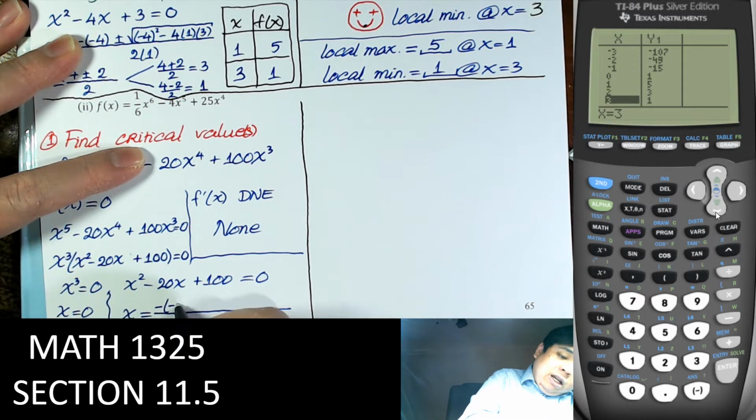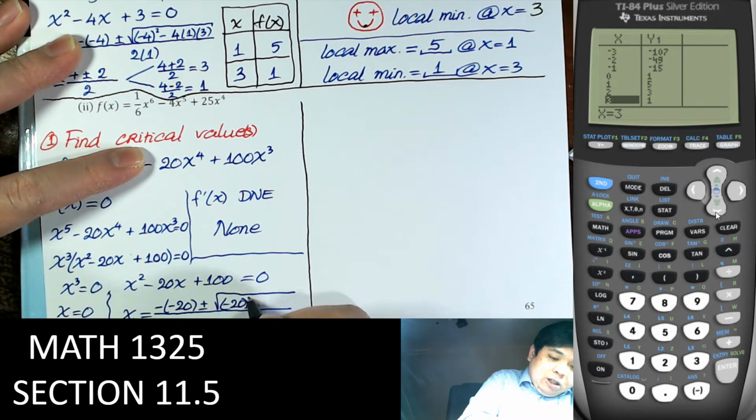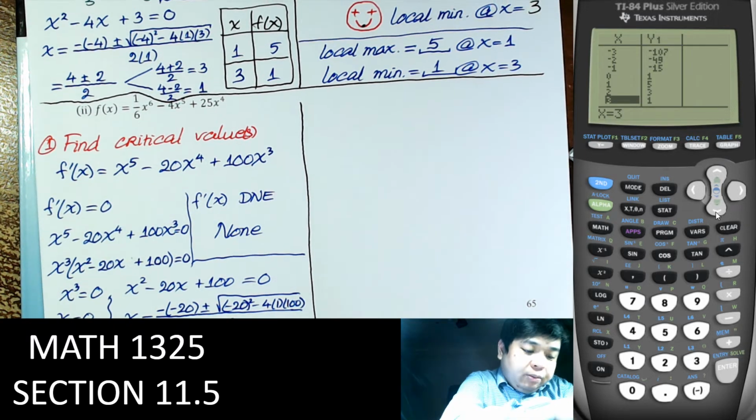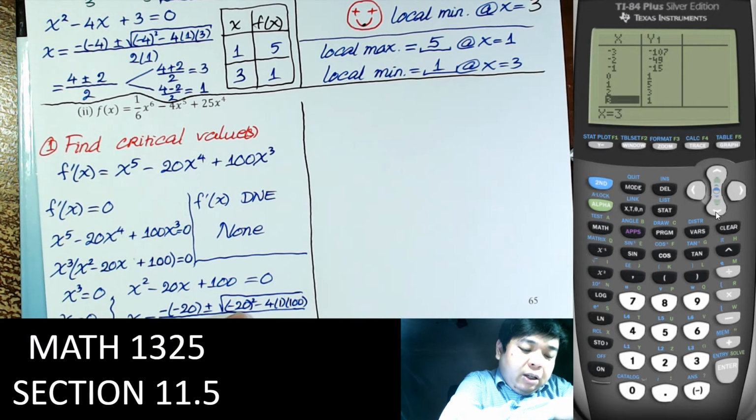Negative b plus or minus the square root of b squared minus 4ac over 2a. Right, now focus here. 20 squared is 400.